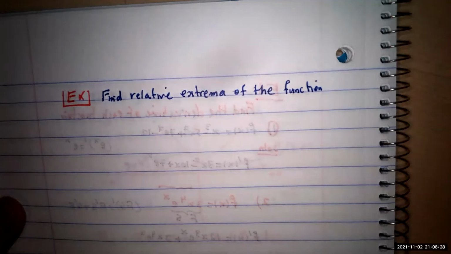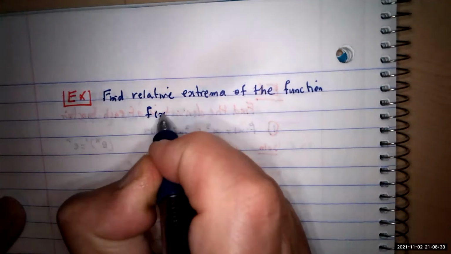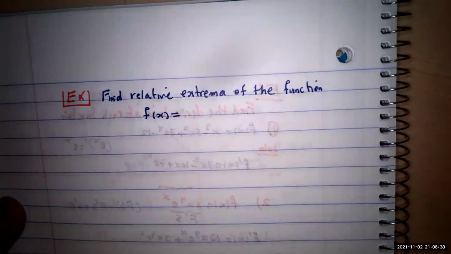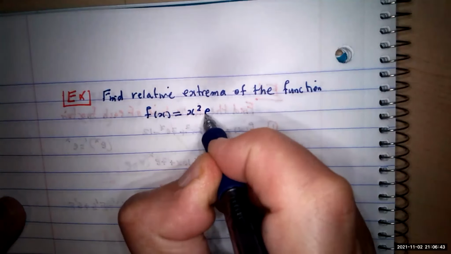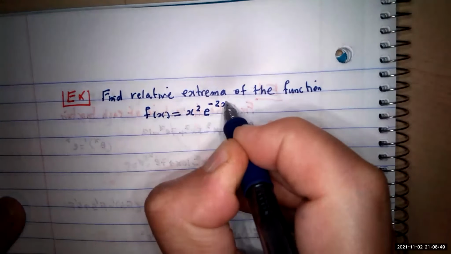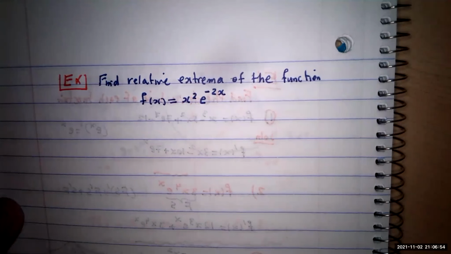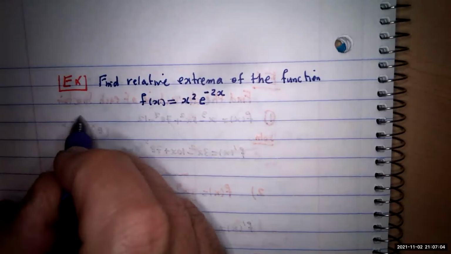Let's have this function: f of x is equal to x squared e to the negative 2x would be fine. It's going to be a decimal number, but I just want you to check this one first. Relative extremum, like the function that you did tonight, but this is going to be a new one. There you are.